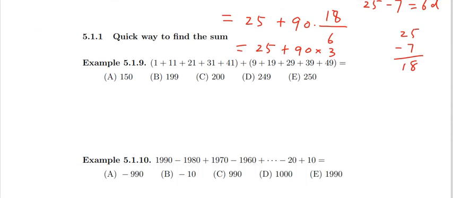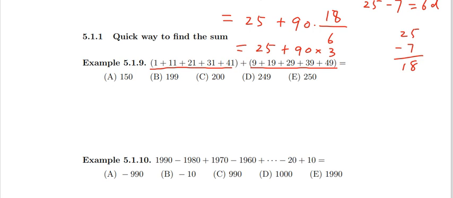So we have some example problems. We just need to find the sum of an arithmetic sequence, like for this problem. Maybe we can add this up, then add this up, but here we have a quick way.